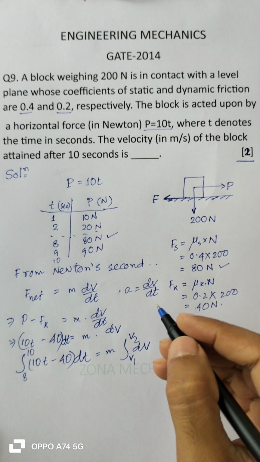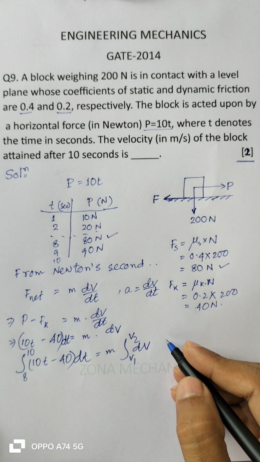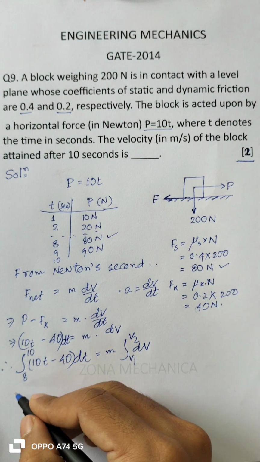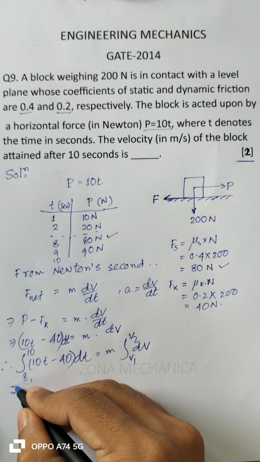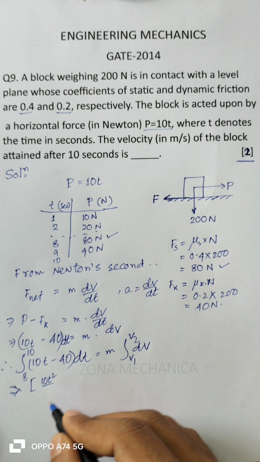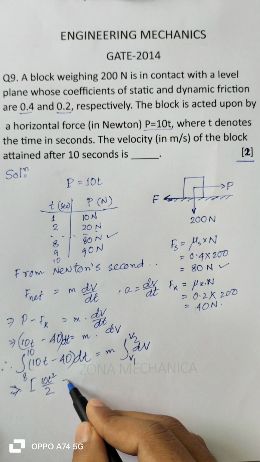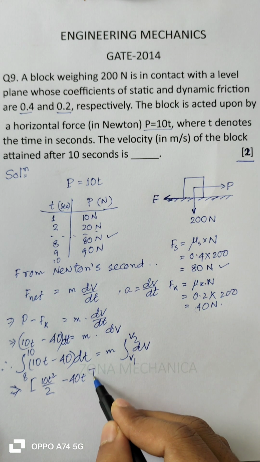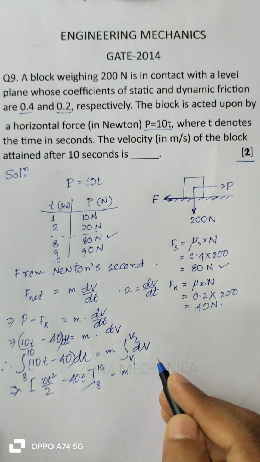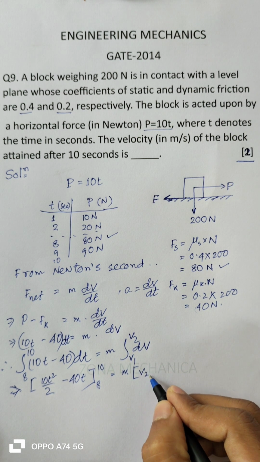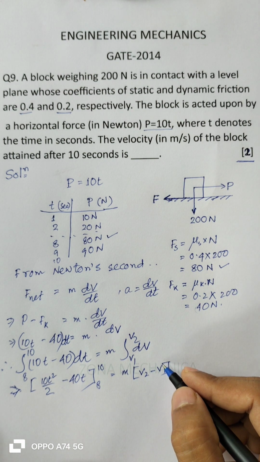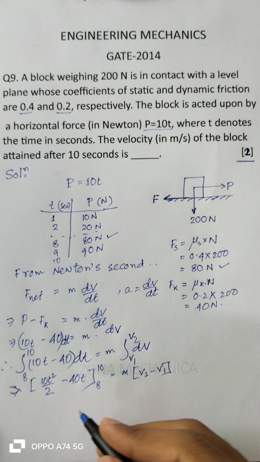Suppose v1 is the initial velocity and v2 is the velocity at 10 seconds. So this implies 10t squared by 2 minus 40t, from 8 to 10, is equal to m into v2 minus v1. V1 is 0 since it starts from rest.